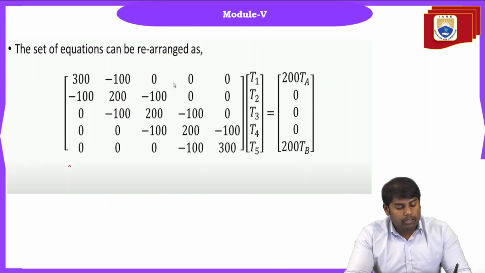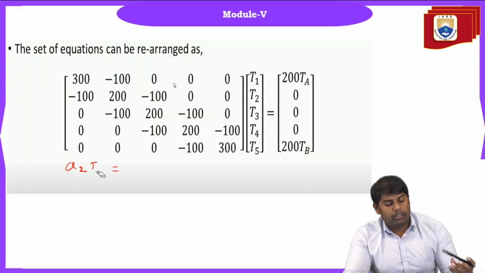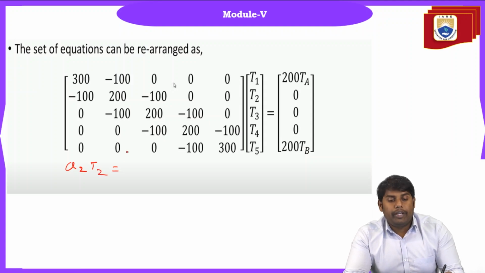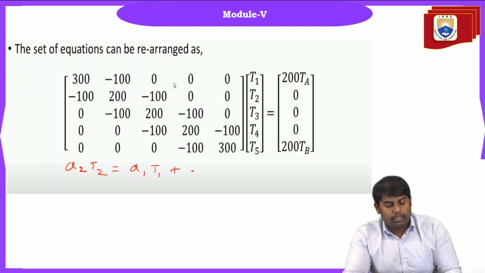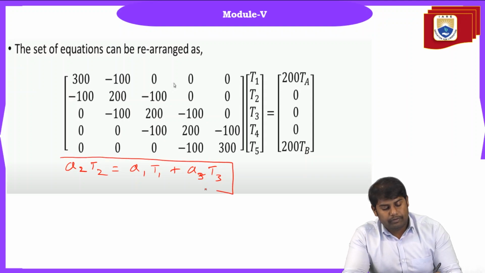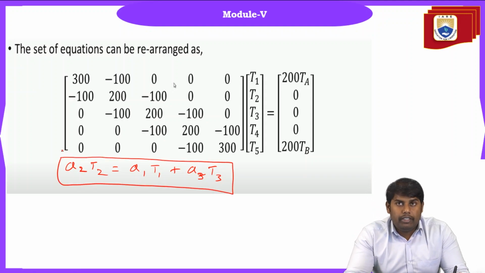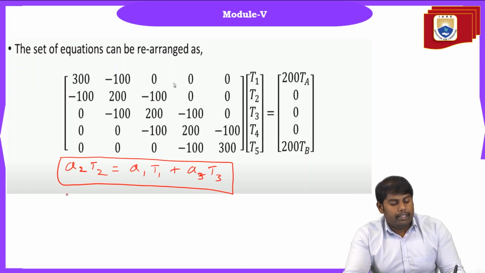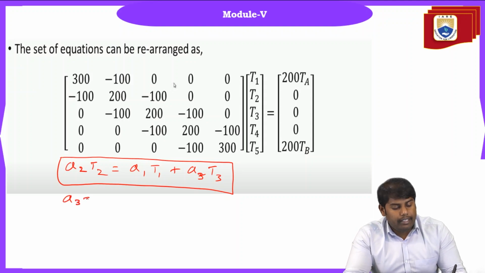So we have, let's say, A2 T2 is equal to A1 T1 plus A3 T3. So this is the equation. Next we have A3 T3.